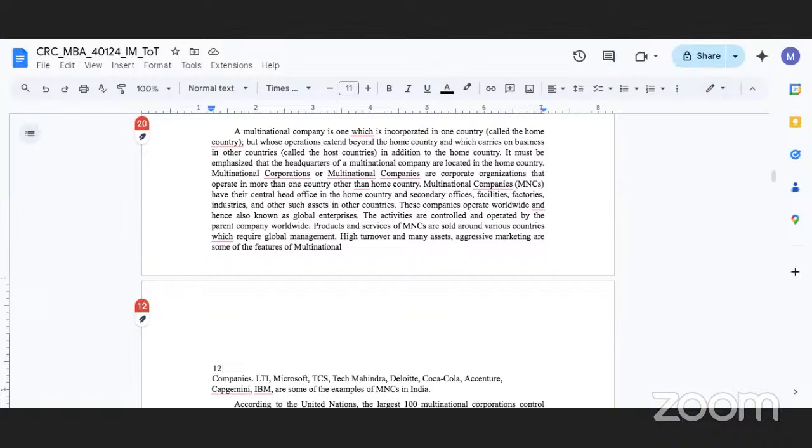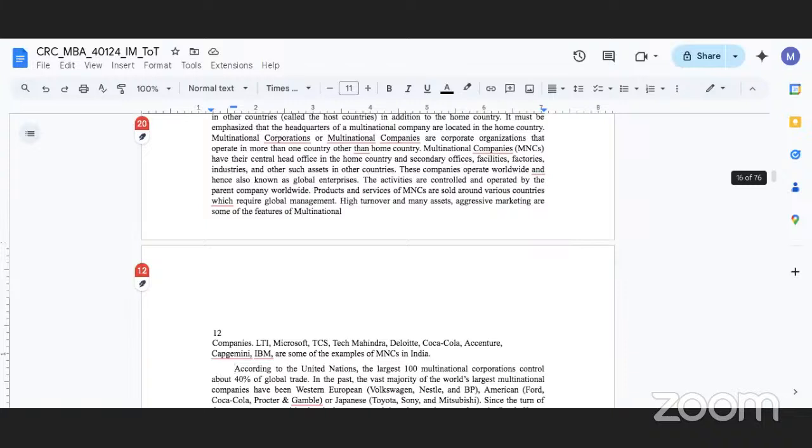So, in a multinational, we spoke of this. The headquarters of a multinational are always located in a home country. They may have the head office in the home country, but they may have secondary offices, facilities, factories, industries, and other such assets in other countries.